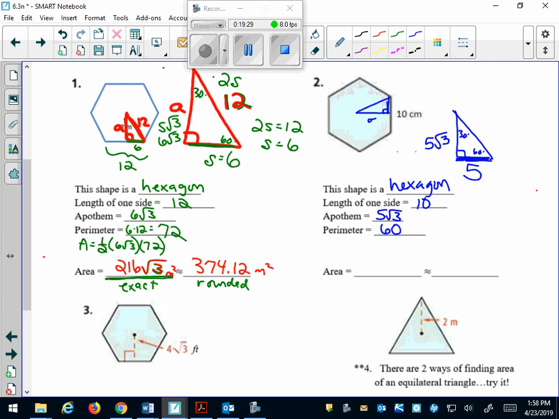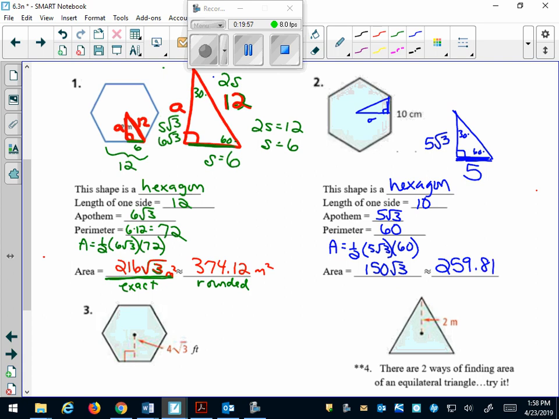So now we're ready for the area. 1/2. Apothem is 5 root 3. Perimeter is 60. You should have gotten 150 root 3 for the exact. And the approximate was 259.81.